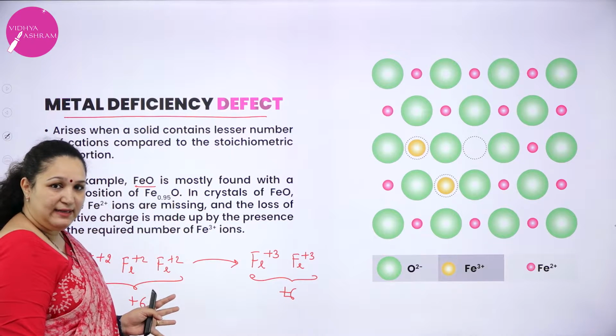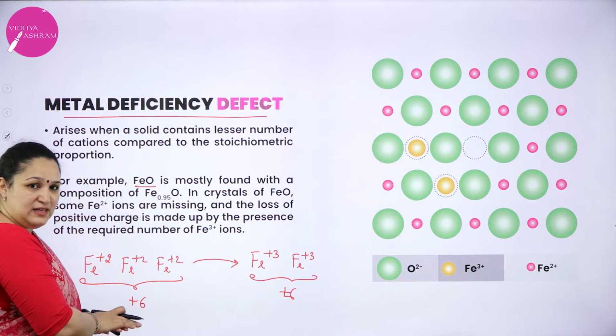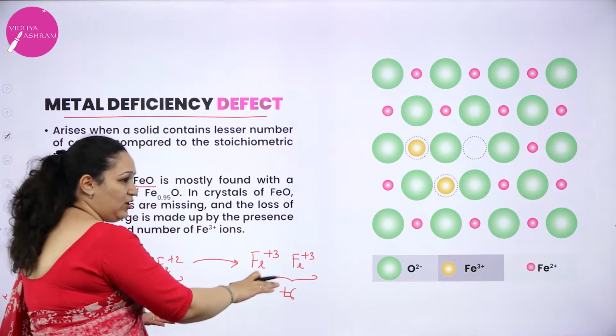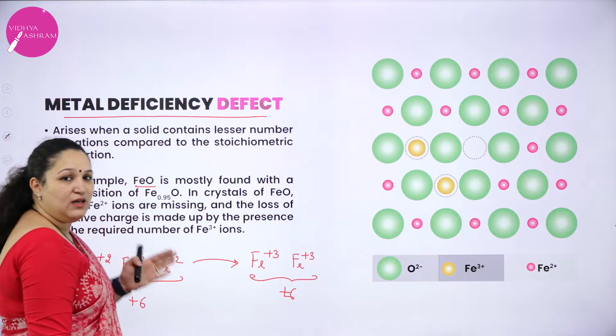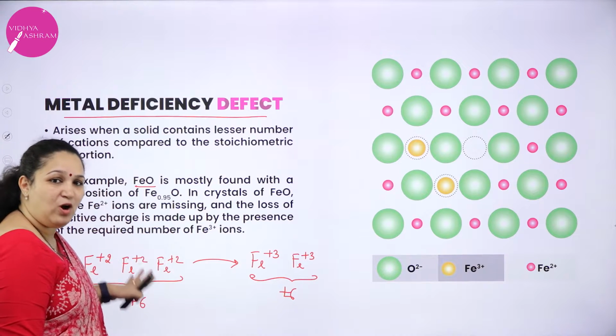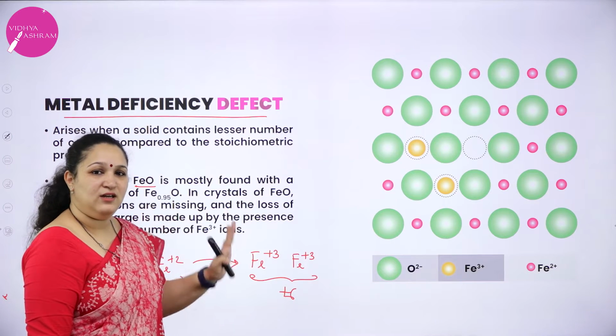Or I can tell the metal ion with lower valency is replaced by metal ions with higher valency. Metal ions with lower valency is replaced with appropriate number of metal ions with higher valency.